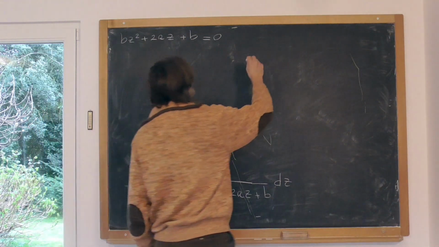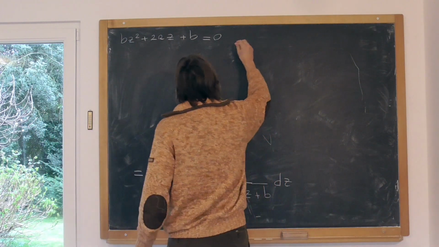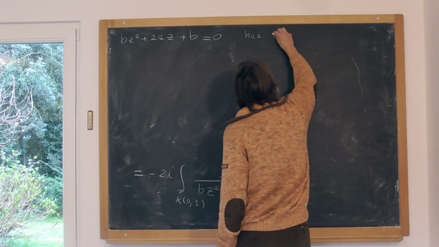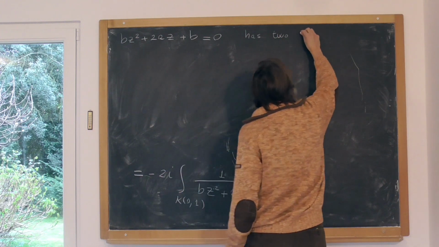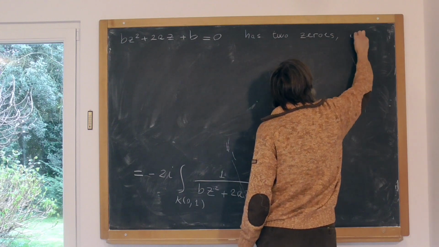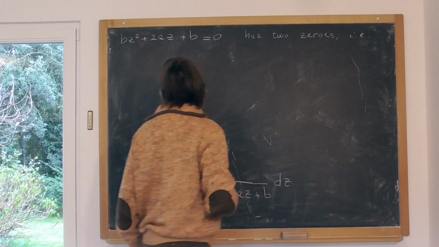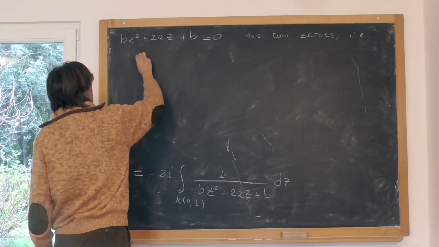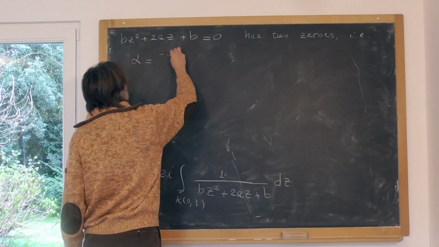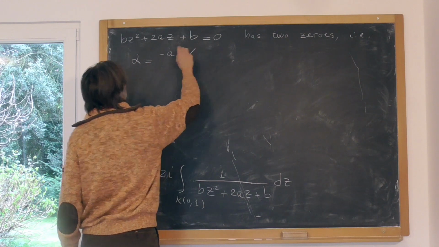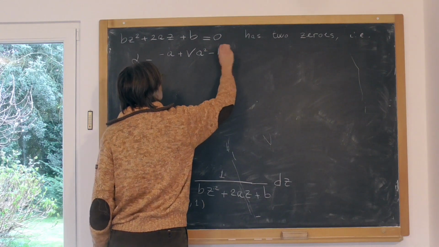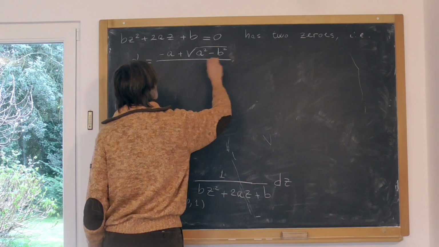So it has 2 zeros, namely, the first zero, alpha, is minus a plus square root of a squared minus b squared, everything divided by b.